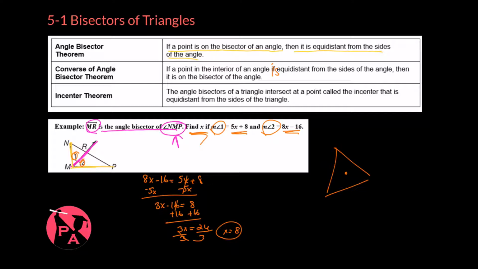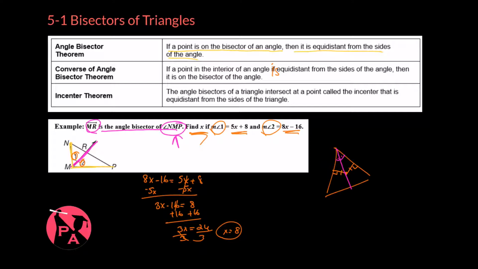If this point is equidistant from the sides, here we have one side and this one, if these distances are the same, then this point must be on the bisector of the angle. So this point is on that segment, so this segment must be an angle bisector. These two must be equal to each other.